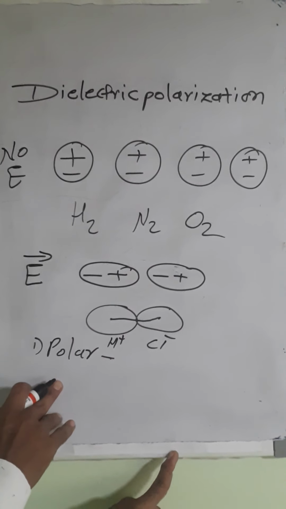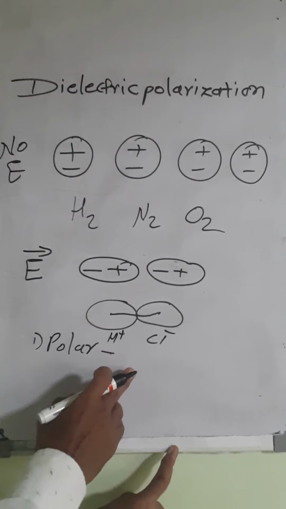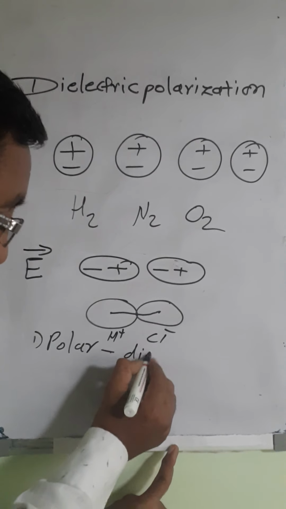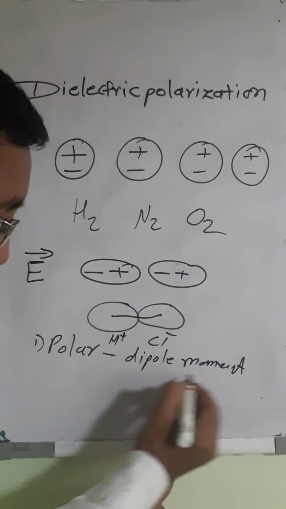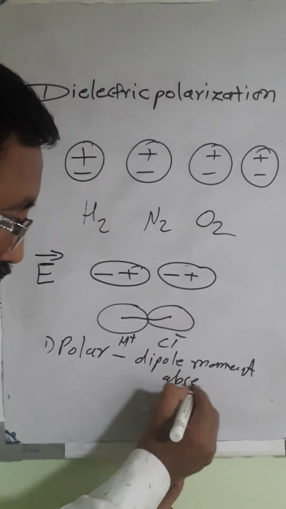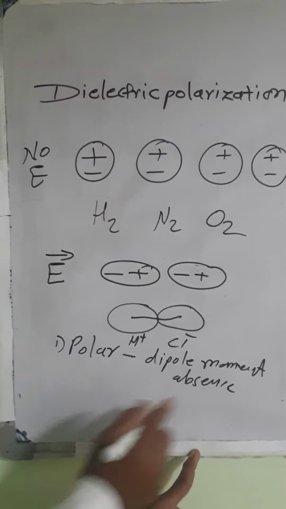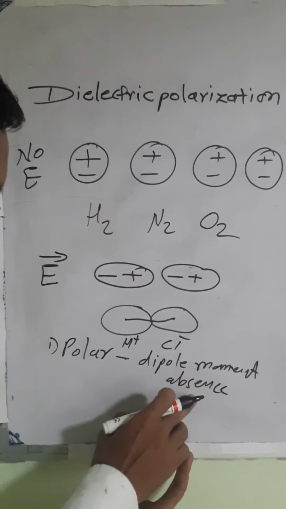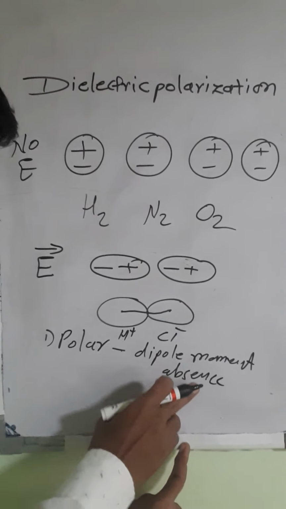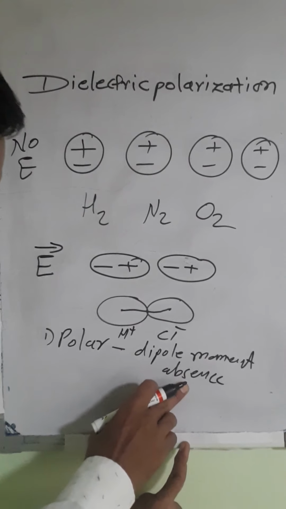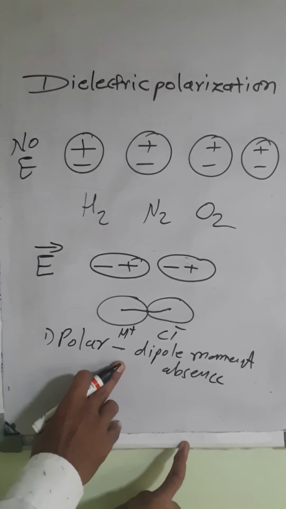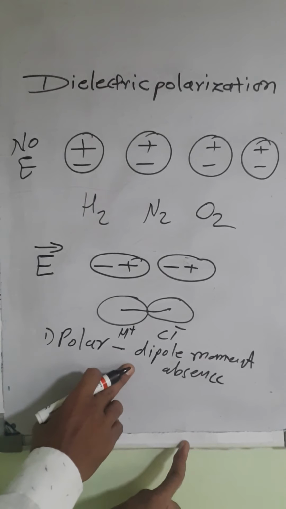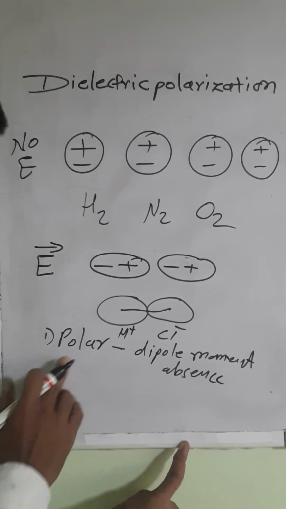The polar molecules possess a dipole moment in the absence of an electric field. So even after polarization, when there is no electric field, the dipole moment remains as it is. Such types of molecules are called polar molecules.